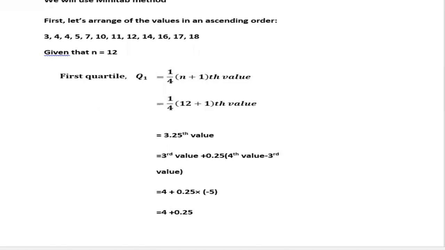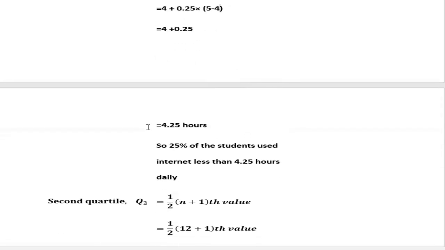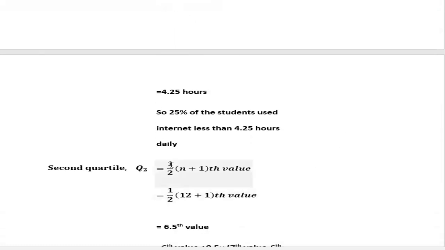The fourth value will be 5, and here is the 4. If you do the calculation, we get 4.25 hours. So we can say 25% of the students use the internet less than 4.25 hours daily, or 75% of the students use the internet more than 4.25 hours.